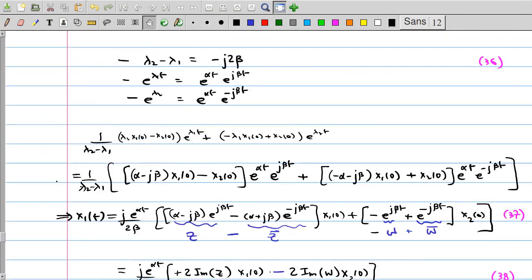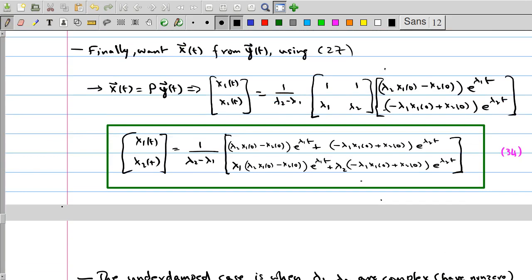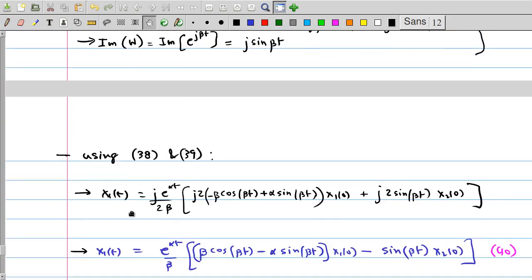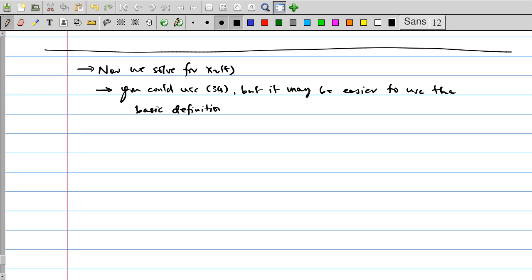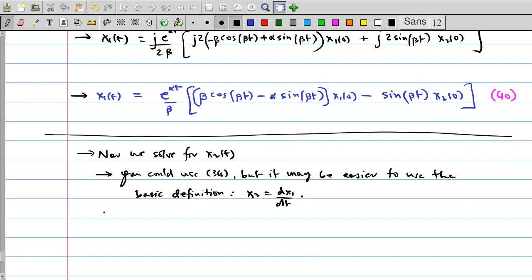Let me just make a note that you could use 34, but it may be easier to use the basic definition. X2 is equal to dx1 by dt. And so that becomes very easy.